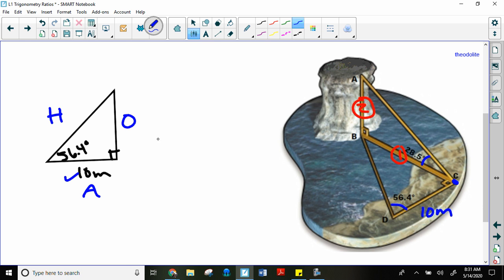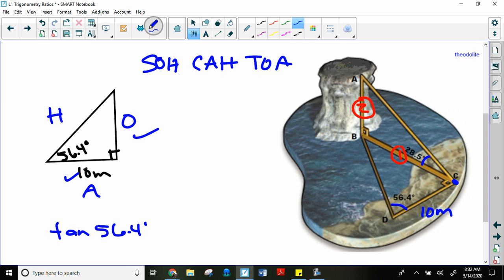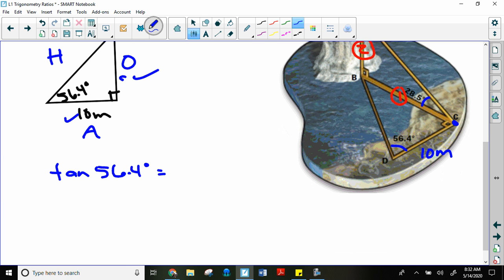We are using adjacent and trying to find opposite, so we have to use TOA. So tan of the angle, 56.4, equals opposite, that's what we're trying to find, x, over adjacent.